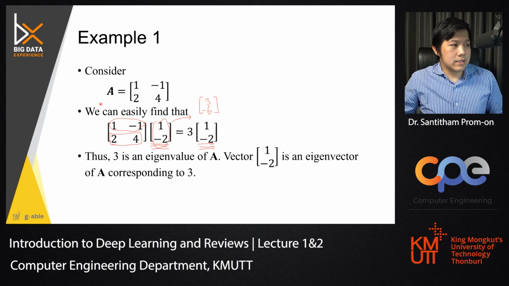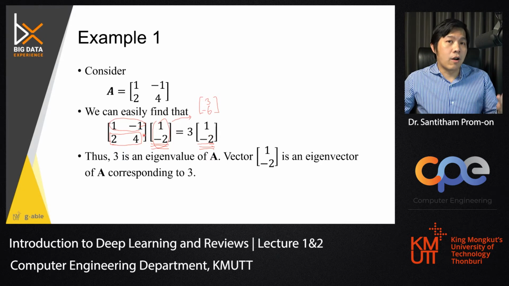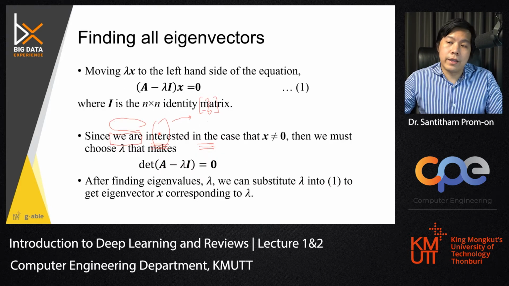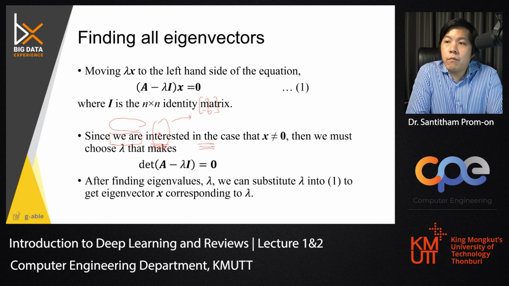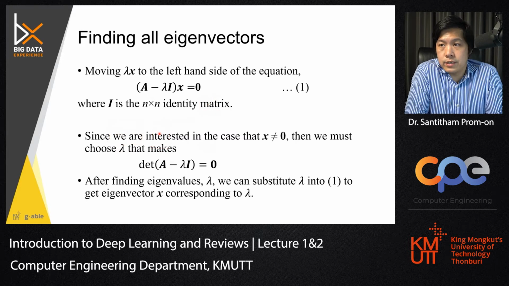So for this case, we have this matrix A that can be represented as a scalar value. We call this an eigenvalue, and the vector here, think about it as the core vector of this matrix. Okay, how do we find the core vector of this matrix? We can find it by deriving it from the characteristic equation.